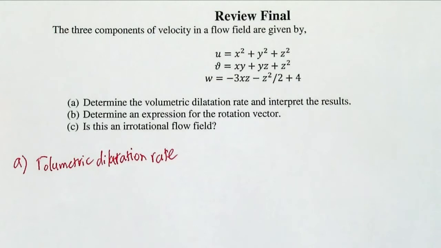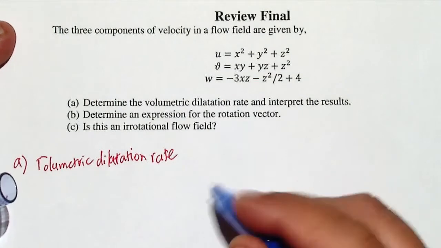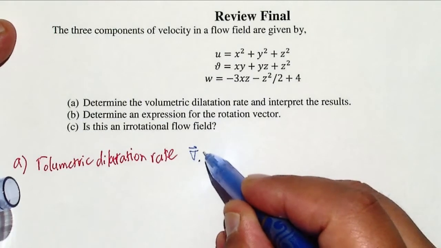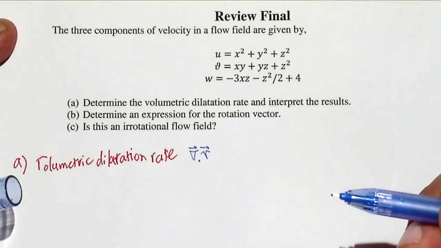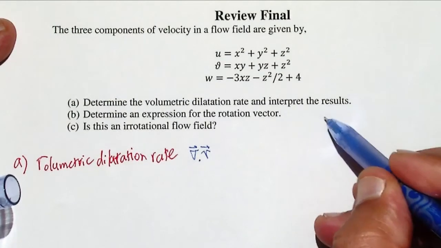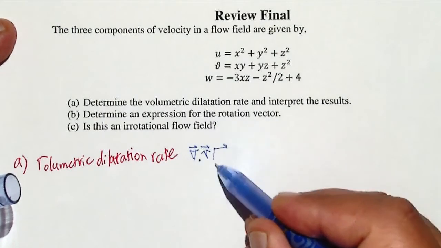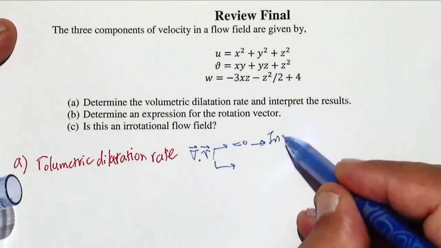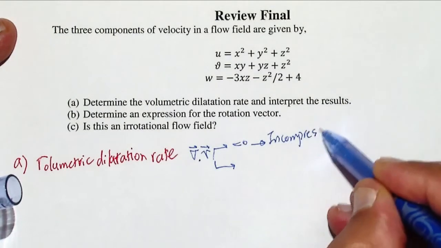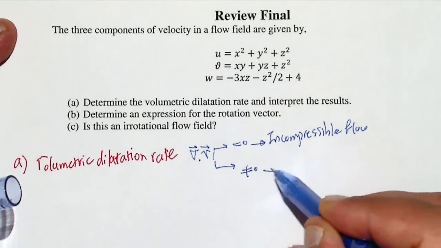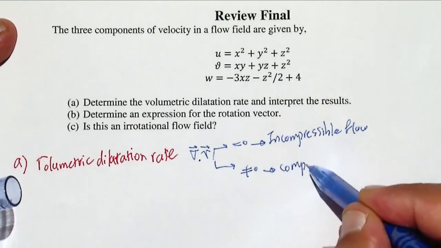First you have to check the notes to make sure that you correctly know the equation for that. It is the gradient dot v. If we're going to answer what it means when you find the dilatation rate, the gradient dot v, if it's 0, it means the flow is incompressible. And if it's not 0, it is compressible flow.